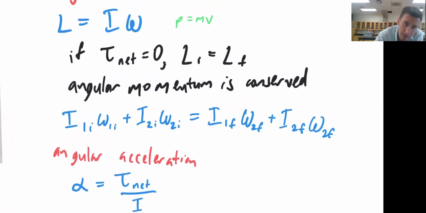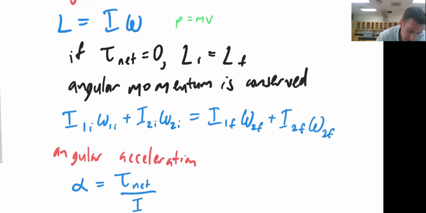Identify object 1 and object 2. Figure out their initial and final moments of inertia and angular velocities, and then set the whole shebang equal to each other. So find all the momentums, add them together in the beginning, add them together in the end, and they should be equal if there's no net torque.